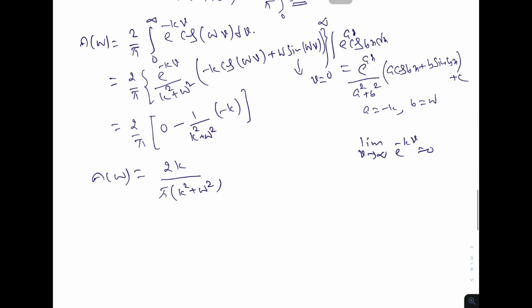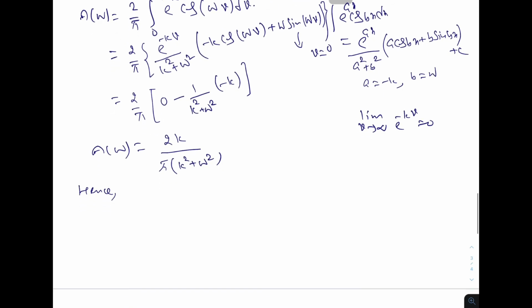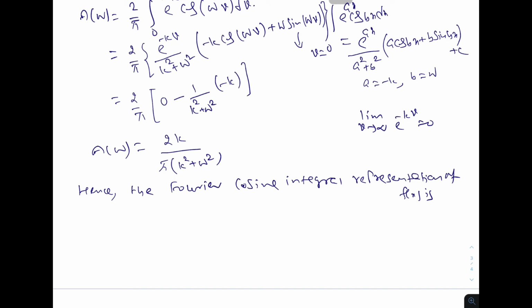So hence the Fourier cosine integral representation of f(x) is equal to the integration from 0 to infinity of A(omega) cos(omega x) d omega.